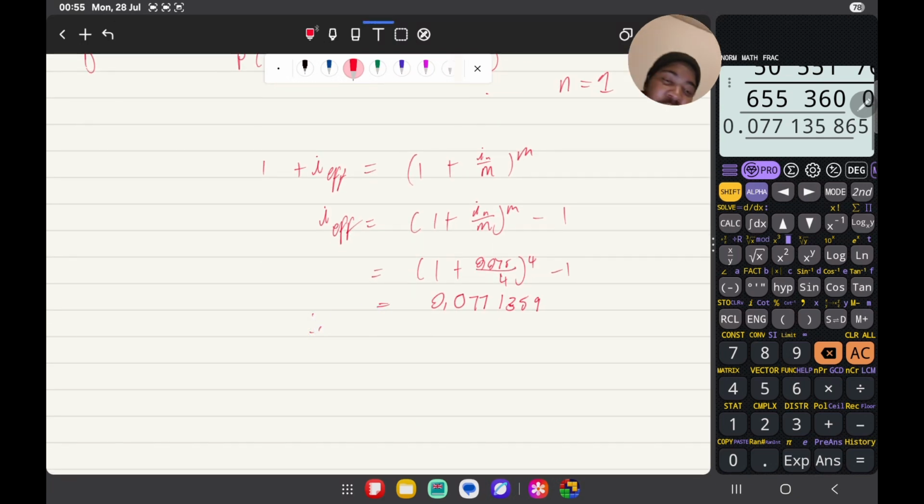Therefore now let's write it in percentage form. So therefore i_eff is going to be 7.71%.